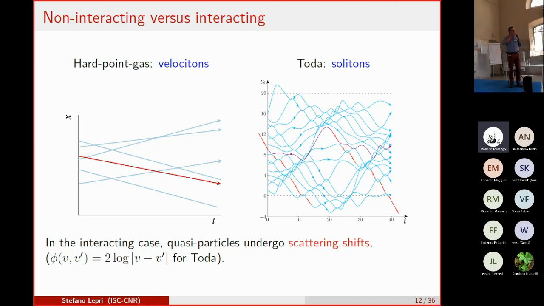So it's not a real diffusion, but it's certainly a perturbed motion. In a sense, the motion is ballistic in the end, but it is not purely uniform motion. And this leads to the distinction between interacting and non-interacting integrable systems. So Toda would be an interacting system in the sense I explained. The hard point gas would be a non-interacting system.